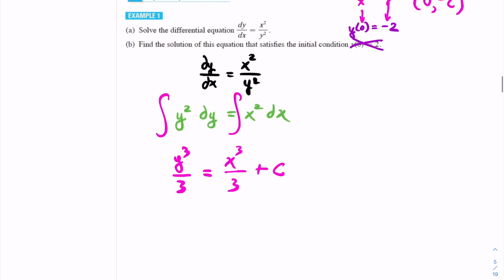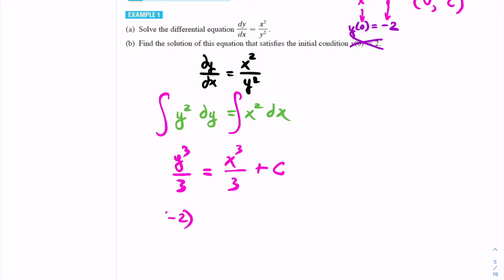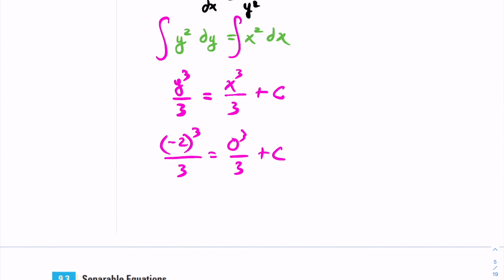Okay? So when you plug that in, you get negative 2 cubed over 3 is equal to 0 cubed over 3 plus c. Okay? This comes out to negative 8 over 3 is equal to c.